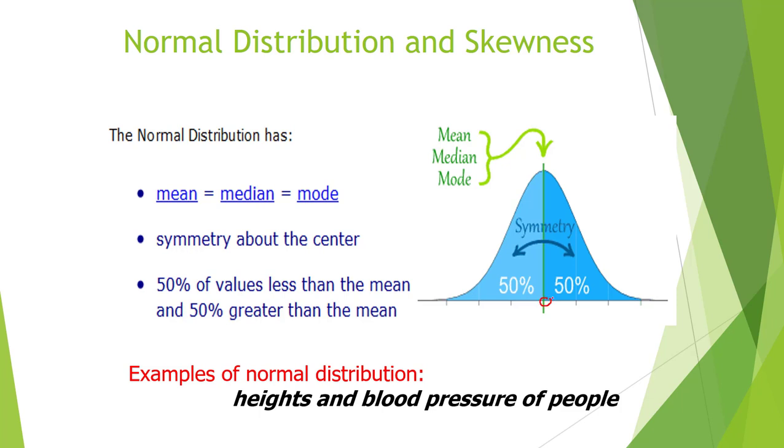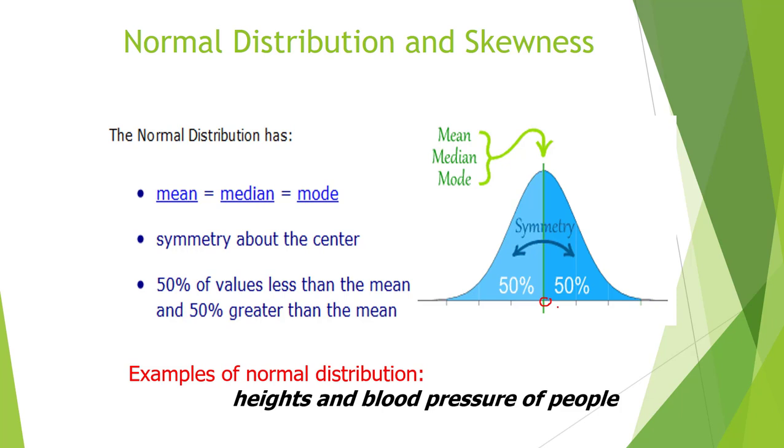Most people will have heights close to the mean. So along the mean here, you can find most people. But as the height increases towards the higher end, you can find fewer and fewer people.